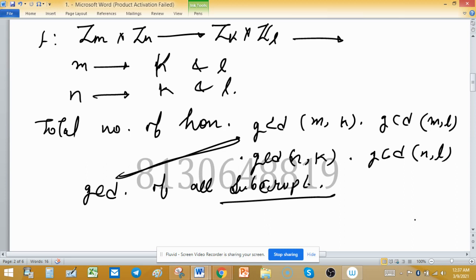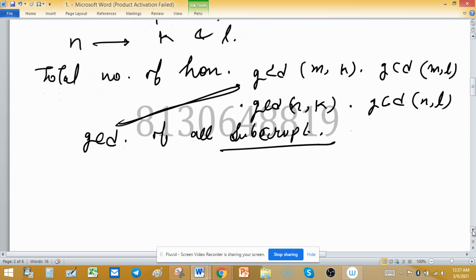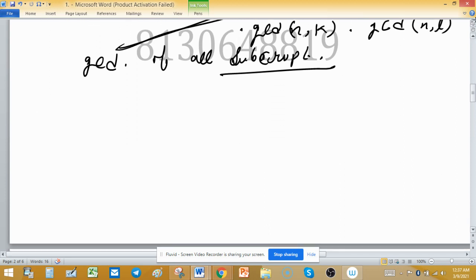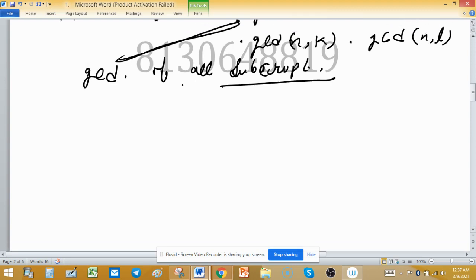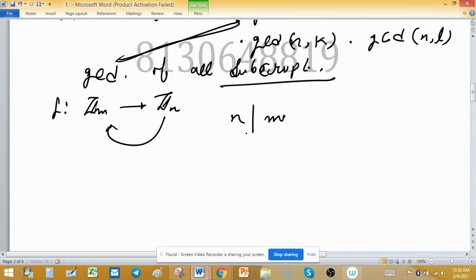Now come to the point, onto homomorphism. Many times this is asked. If f is from Z_m to Z_n, then for the total number of onto homomorphisms, we have to check one condition: is n dividing m or not.